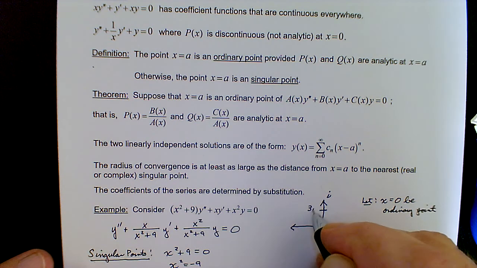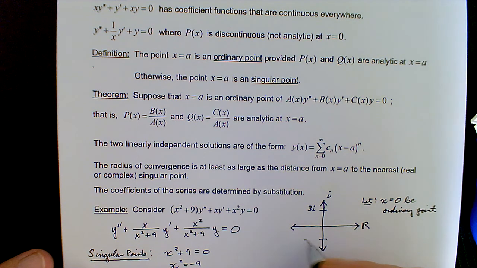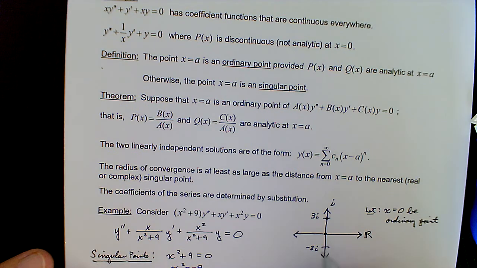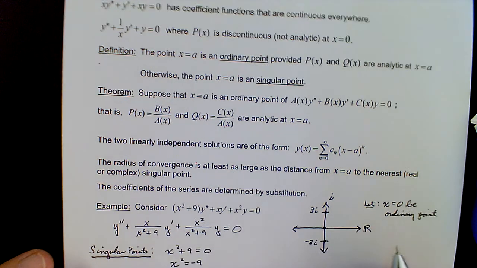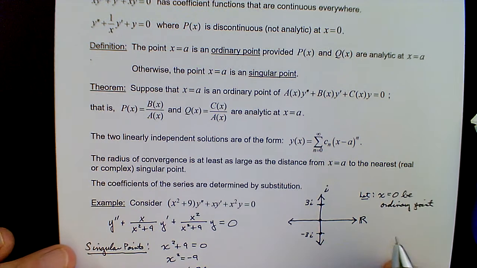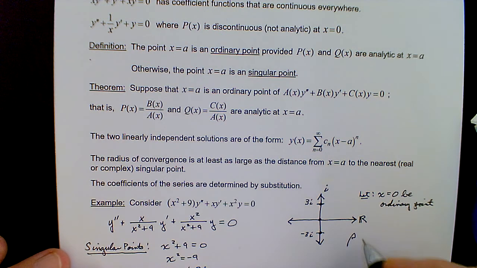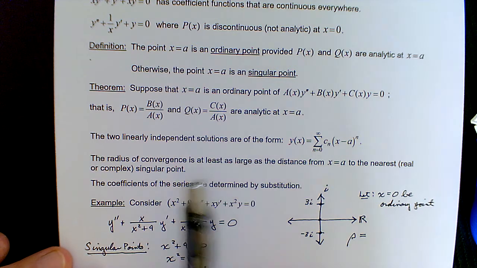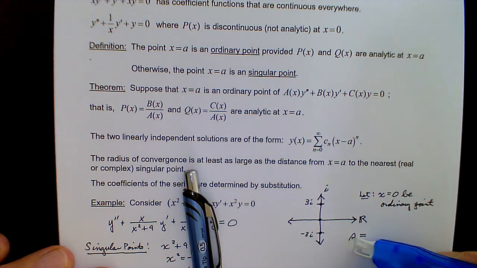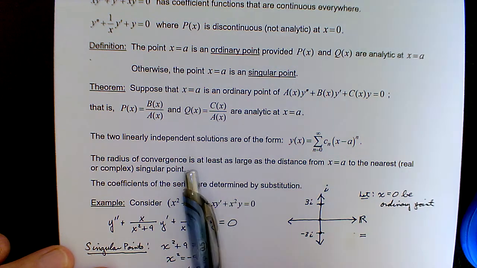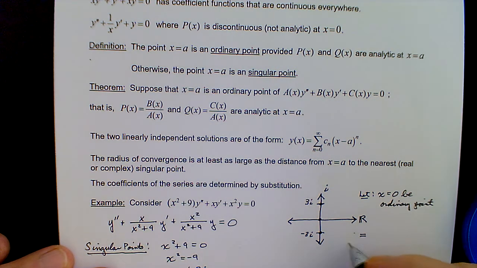Then if this is 3i and this is negative 3i, and 0 is the ordinary and these are the singulars, then the radius of convergence rho would have to be 3.